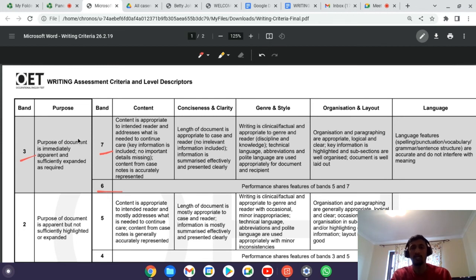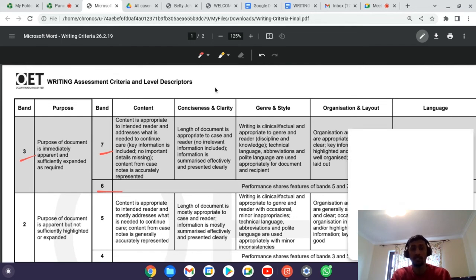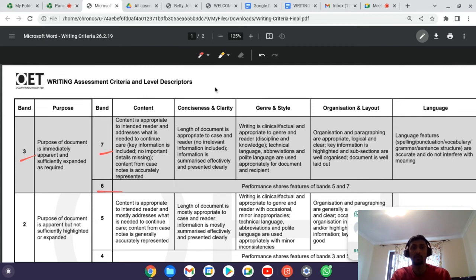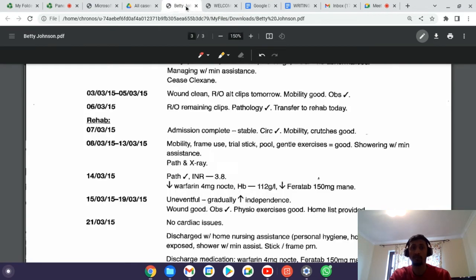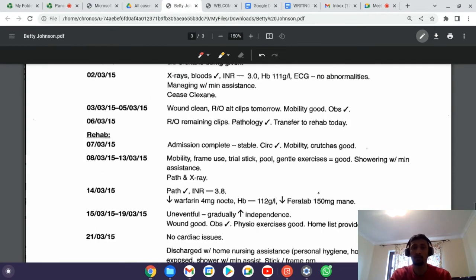We know the purpose of the letter from the writing task itself. While creating your introduction, you have to be careful about this purpose and this writing criterion. The purpose of the document is immediately apparent, which means you have to state the purpose of the letter immediately in the introduction. So what is the purpose of this letter?